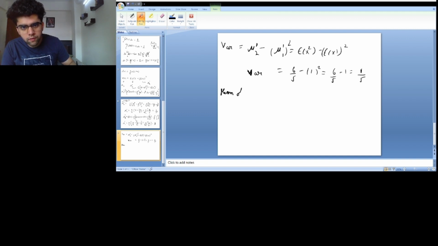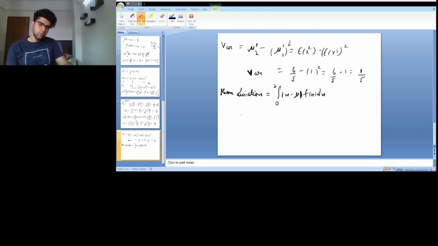Mean deviation, which is the integral of mod of (x minus mu) f(x) dx from 0 to 2. Now my mean mu is E(x), and this is equal to 1.